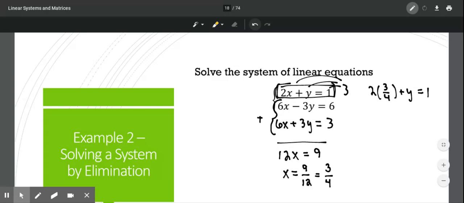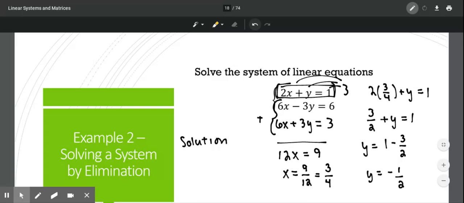If you simplify this, you get 3/2 plus y equals 1, or y equals 1 minus 3/2, which would mean that y would equal negative 1/2. So your solution, or the point of intersection for these two equations, is when x is 3/4 and y is negative 1/2.